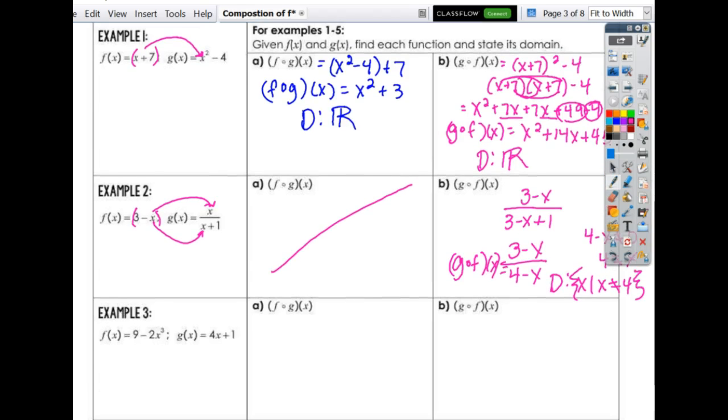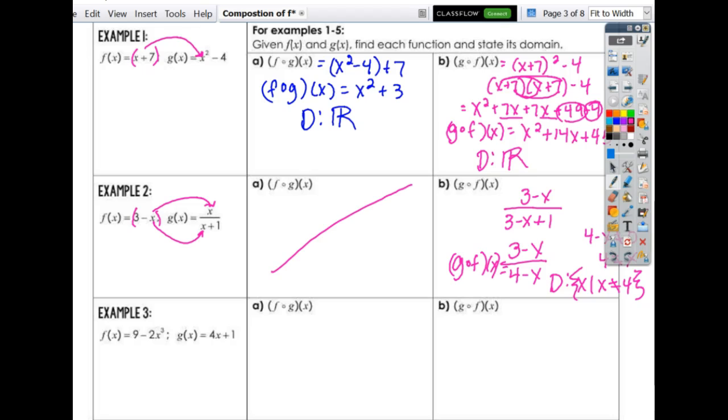When I got this, 3 minus x over 4 minus x, why did I not cancel the x's out? Well, it's not the sign, but it's because I'm adding and subtracting.